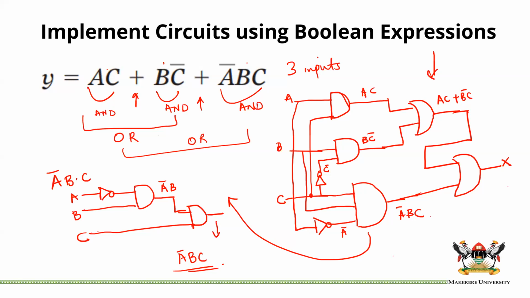Can't we have only one OR gate, or does it change the arrangement? Because I can see it is an OR operation of AC, B C complement, A complement BC. Yeah, we could have one big gate with 3 inputs. Yes, we can do that.